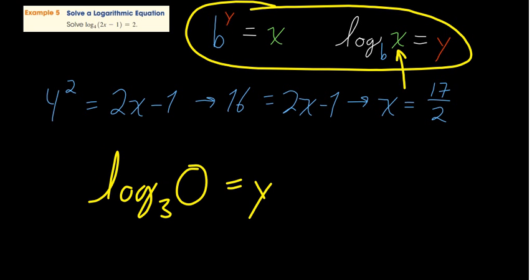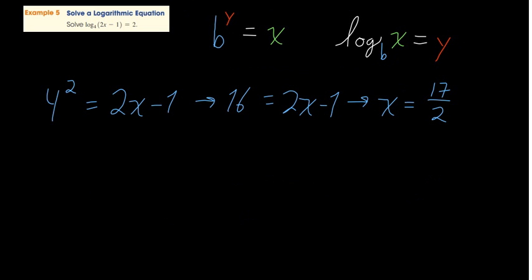If I wrote this in exponential form, 3 raised to the y power is equal to 0. Well, you cannot raise any number to get to 0. That's why that argument must be a positive number. So anyways, good question. Thank you. I will remember to clarify that in my future lectures.